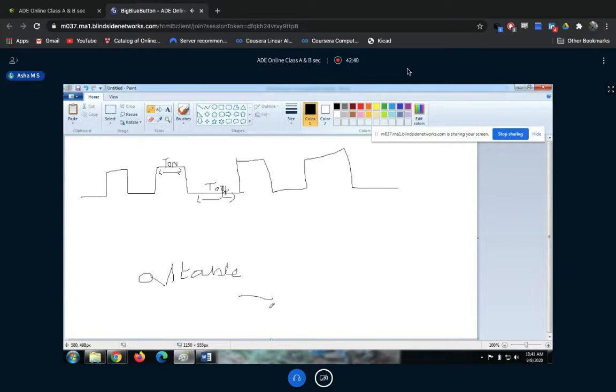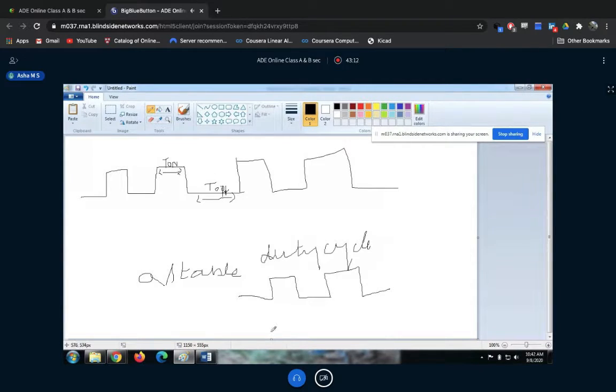From the stable state T off, it goes to T on momentarily. It depends on the duty cycle. Momentarily it goes high and again it comes back to the off state. This is what happens in the monostable state. I hope I'm making sense. The stable state is the T off state.